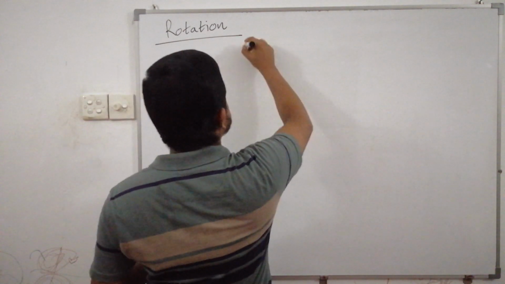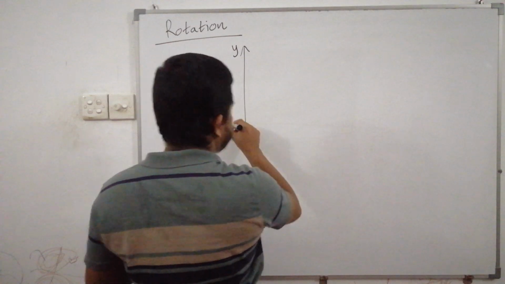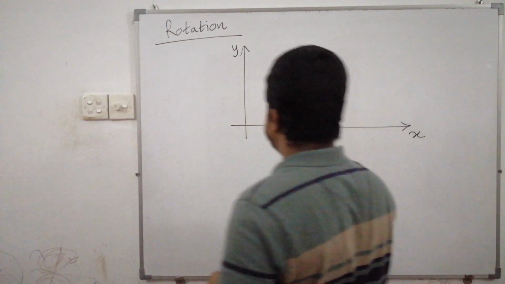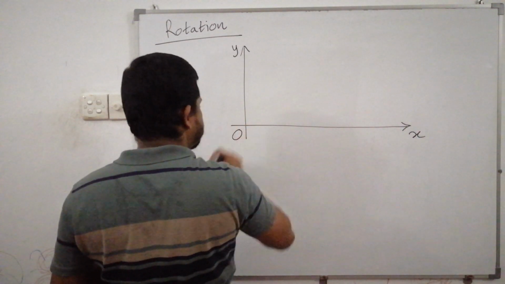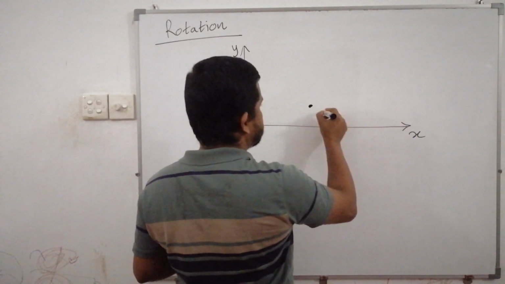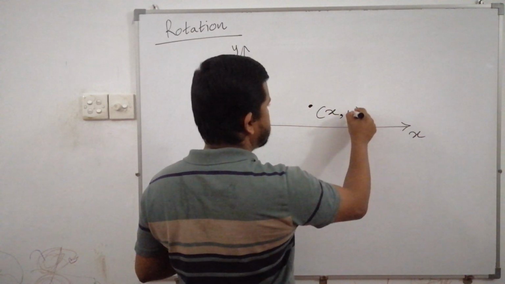So this is the y-axis and this is the x-axis. Here we have the origin. We have a point with coordinates x comma y.